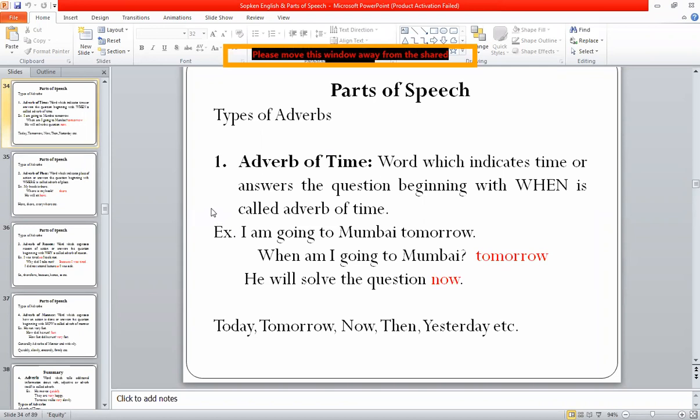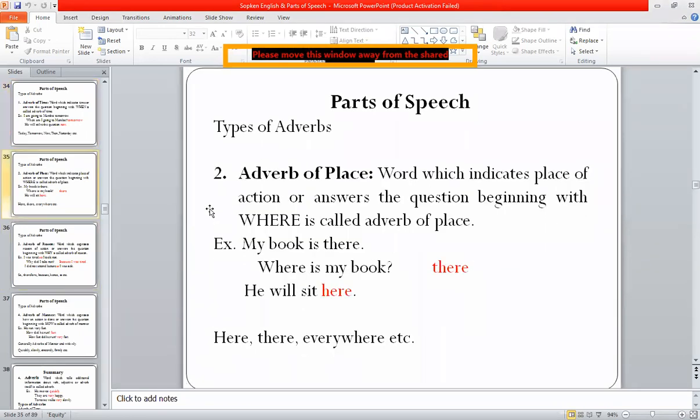Then the next type of adverb is adverb of place. These are related to the place of action.